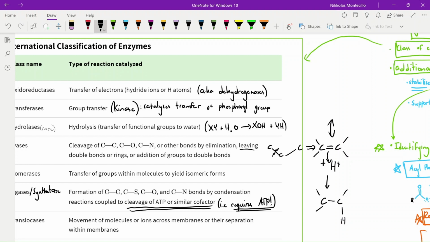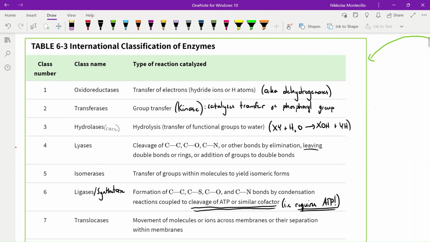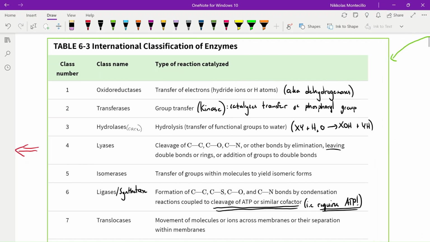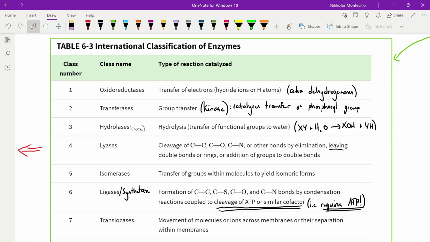In other words, we could also possibly see the formation of a carbocation. But keep in mind that small loose detail for now: double bonds typically attract electrophiles, and what usually happens is the incorporation of these electrophiles into the overall molecule, essentially removing the double bond, as I described. But just keep in mind for now that the key idea behind lyases is that they facilitate the cleavage of carbon-carbon, carbon-oxygen, or carbon-nitrogen bonds by elimination. In organic chemistry, elimination just refers to the formation of a double bond by removing a bond between two atoms.